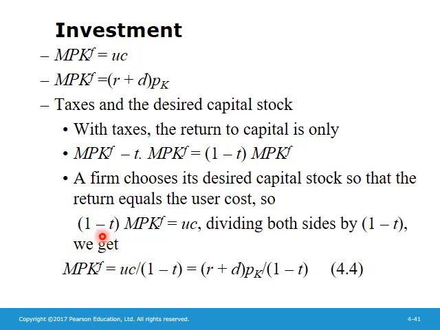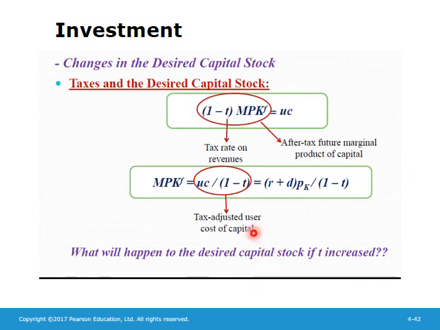If we divide both sides by 1 minus t, then the condition will be that the future expected marginal product of capital is equal to the user cost divided by 1 minus t, where t is the tax rate. Here we are just breaking down again the components of the definition of the user cost that we just stated. This is the same but illustrated in a different manner.